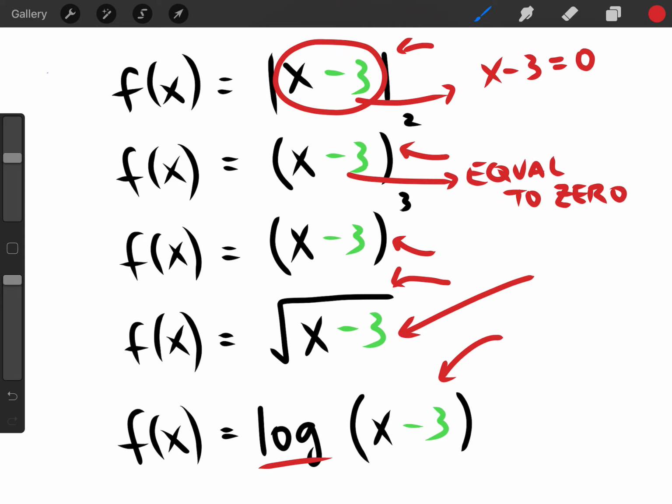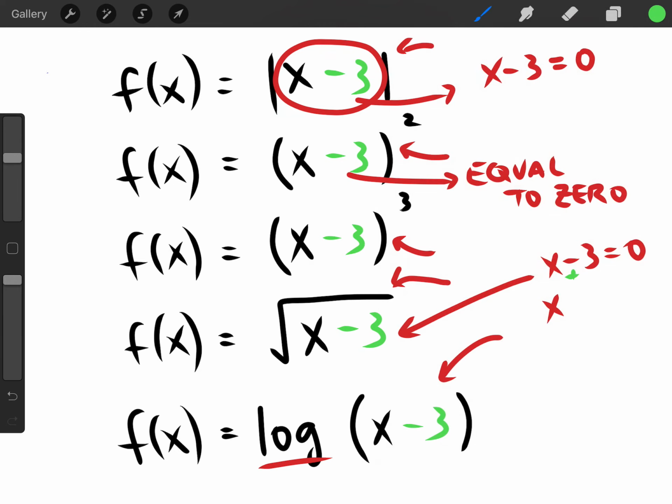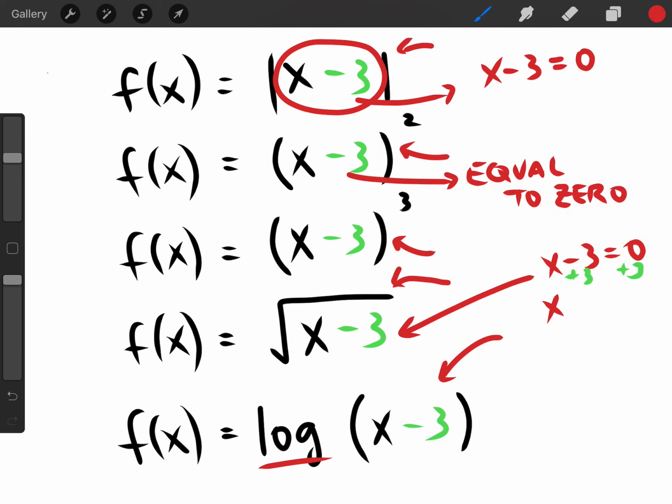You have to set it equal to 0 and then you solve for x. So in order to solve for x, you have to add 3 on both sides. So x equals 0 plus 3, so x equals positive 3. In this case, it's going to go towards the right by 3 units.